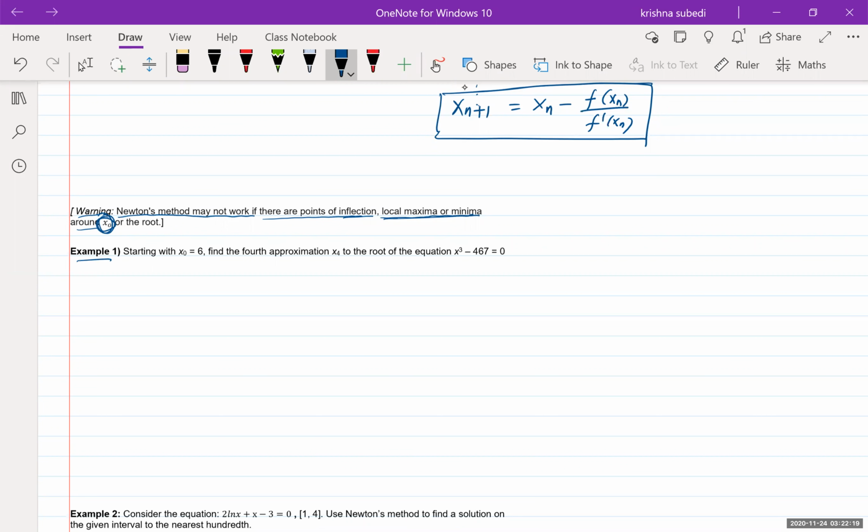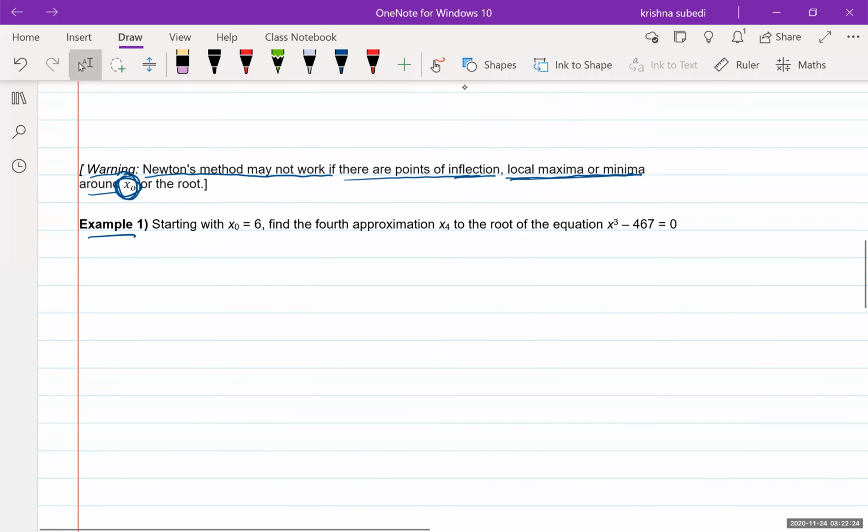Here is example 1. Starting with x not equal to 6, find the fourth approximation, x sub 4, to the root of the equation x cubed minus 467 equal to 0. So let us find the approximate value, the fourth root. What does that fourth root mean?